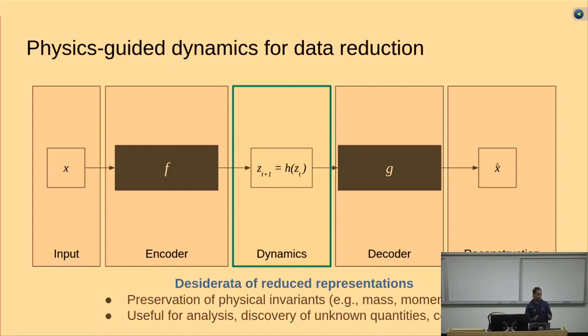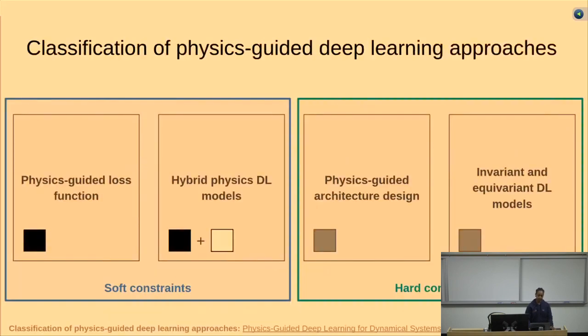So we need this reduced representation to address challenges of streaming and storage, for example, and we need to retain high-level information for analysis, discovery of unknown quantities, and compute capability. And to achieve trustworthy analysis and compute, the reduced representation and our model of the dynamics should preserve physical invariants of the system, like the mass and the momentum.